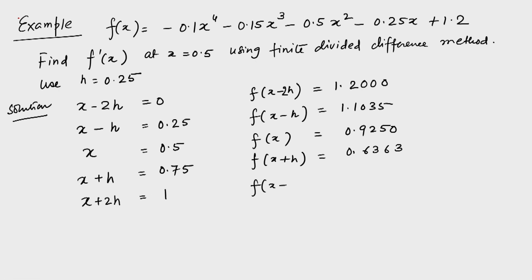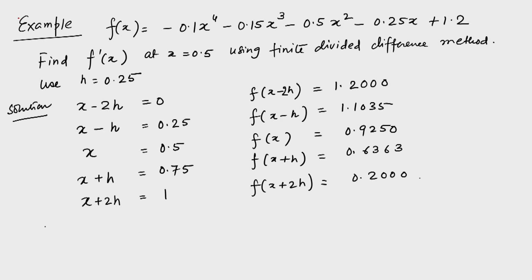So, f of x plus 2h is equal to 0.2000. Okay. So, these are the values that we are going to need, and we can compute this using the method that we have just said, and so on.